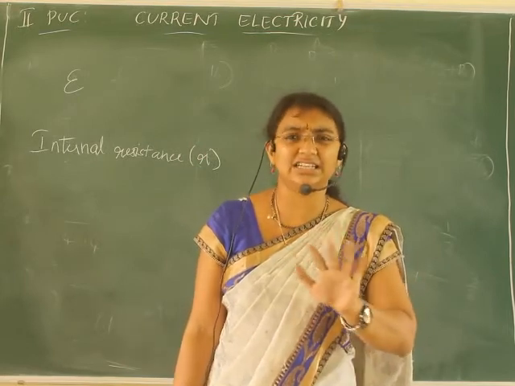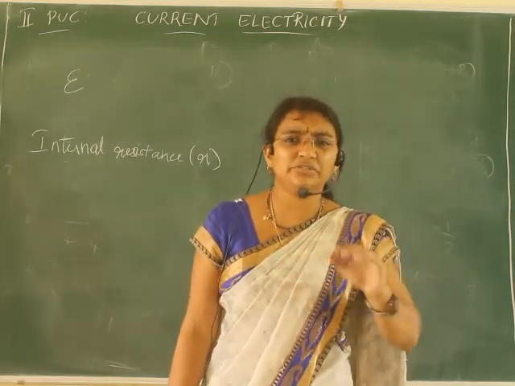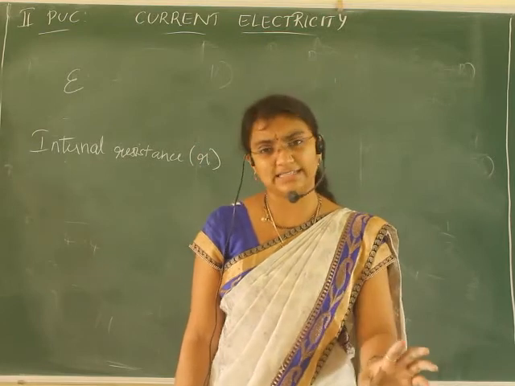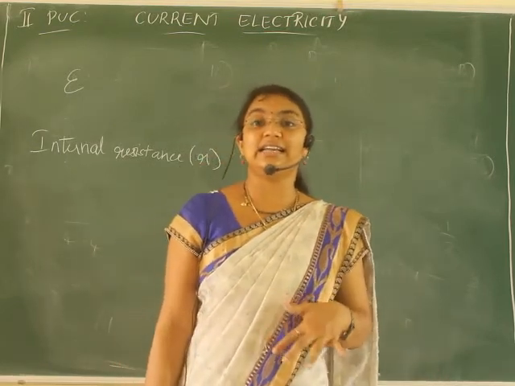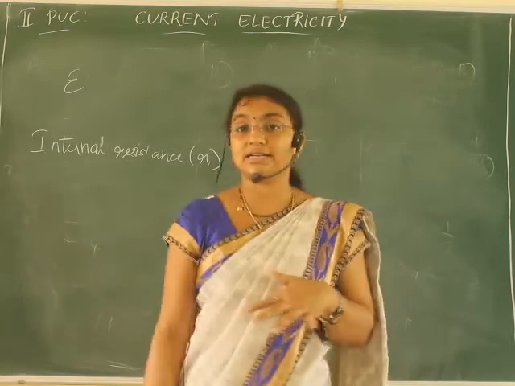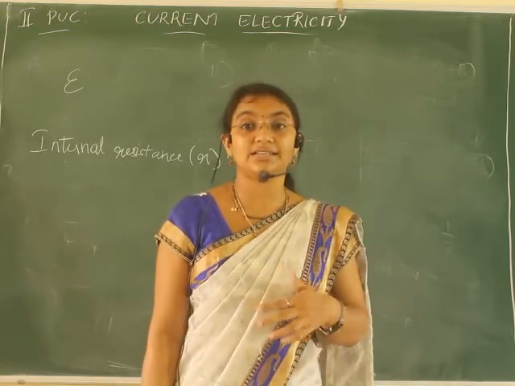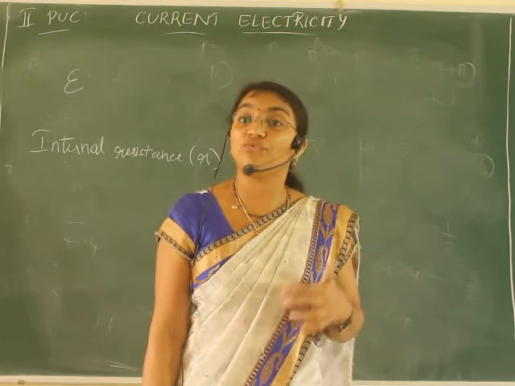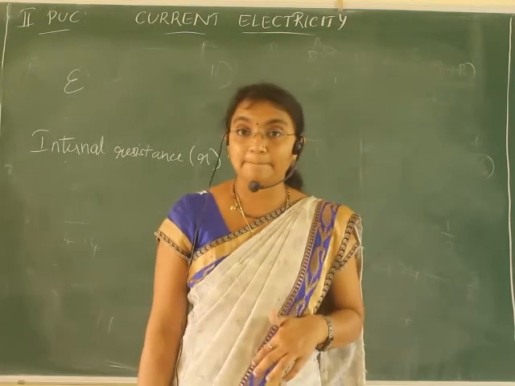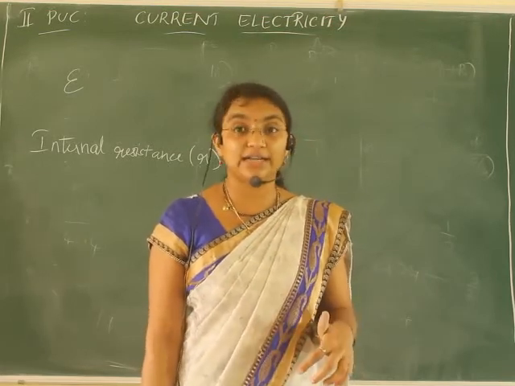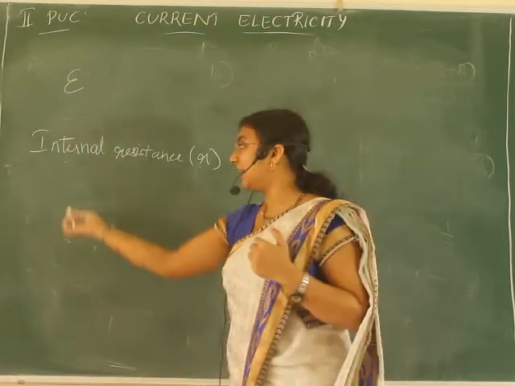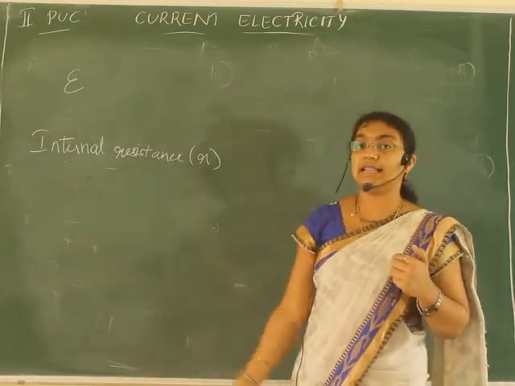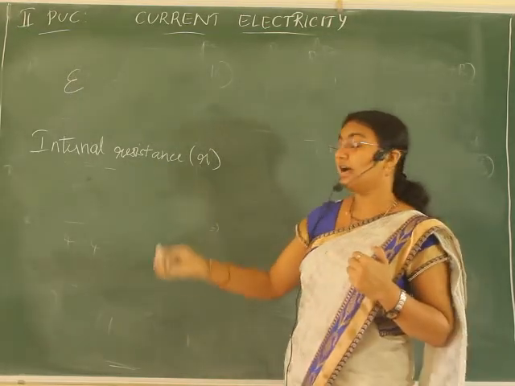It does not allow the flow of current easily. So, define internal resistance: it is the resistance offered by the cell to the flow of current through itself. It is the internal resistance of the cell, given by the letter r.